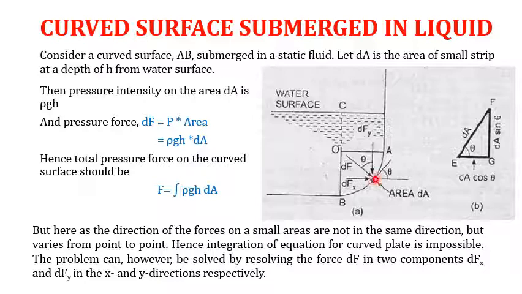So let's see this area dA. It makes an angle theta with horizontal. So I can also represent this small strip by this diagonal EF. Its area is dA, and its inclination with horizontal is theta. If I resolve this area into two components, the horizontal will be the dA cos theta component and the vertical will be the dA sine theta component.